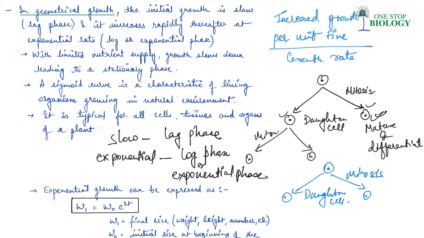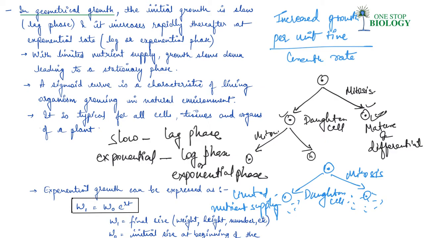But because of limited nutrient supply, the growth slows down, leading to a stationary phase.